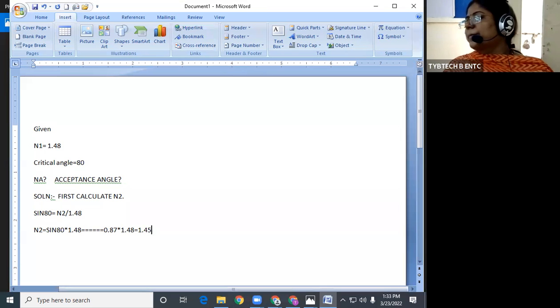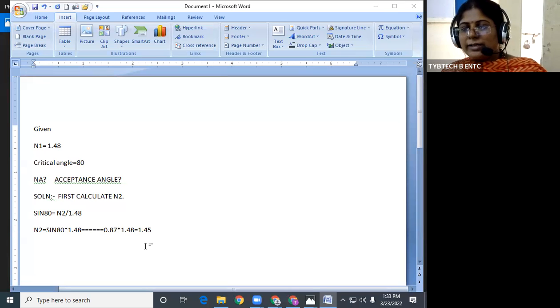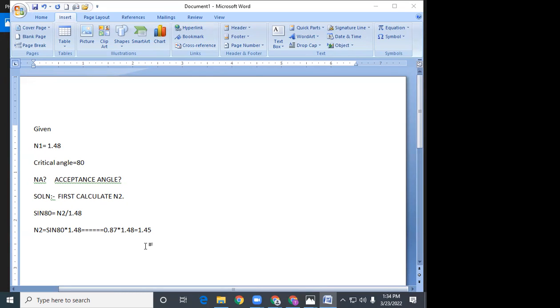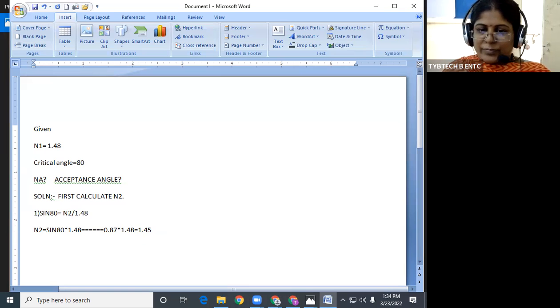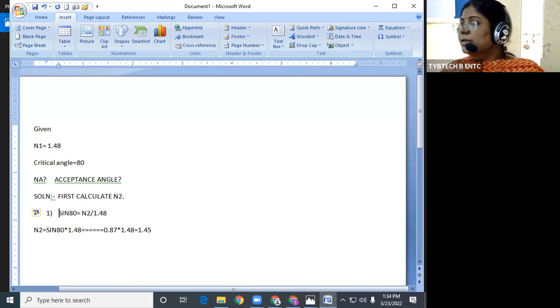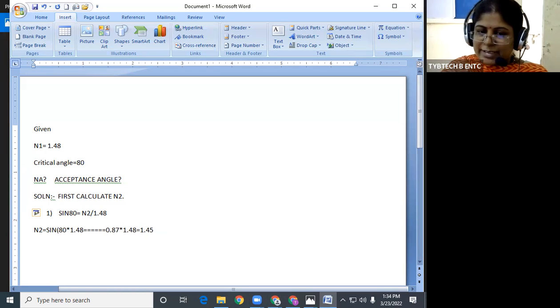And again, n1 n2 is also not having any unit. I hope you are clear with this. Omkar, Pranav, got the answer? Yes ma'am. Okay. So n2 is equal to 1.45. So this is the first step. We have sine of 80. It is like this.